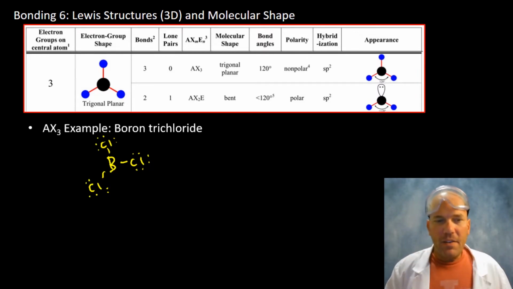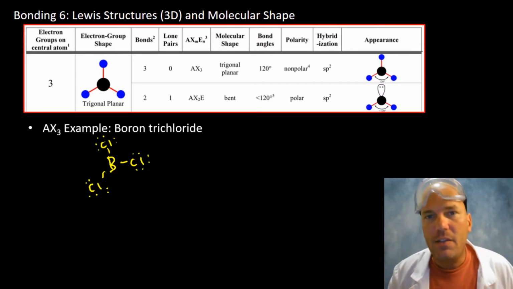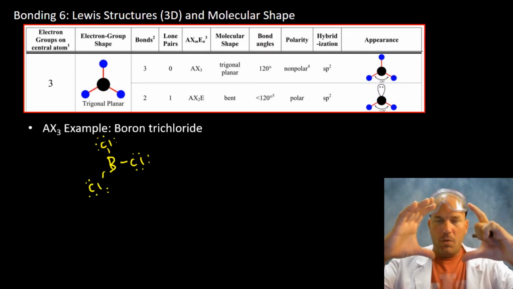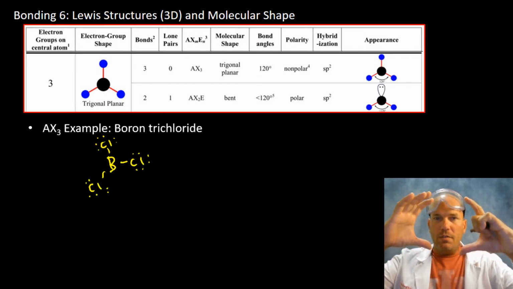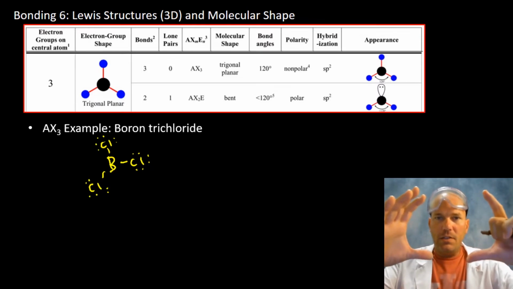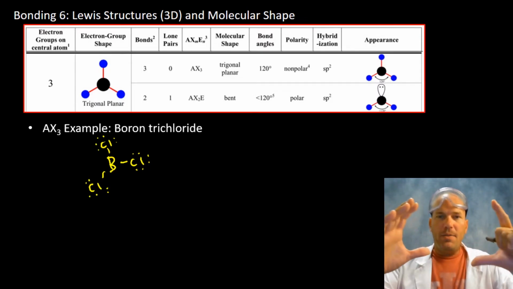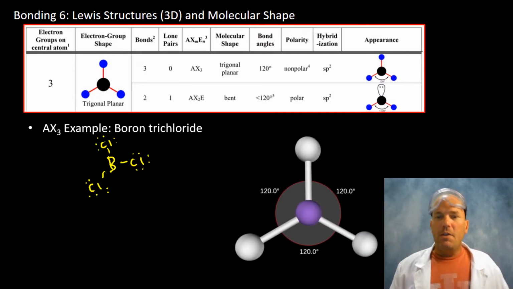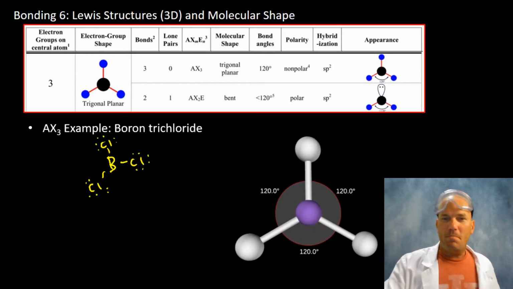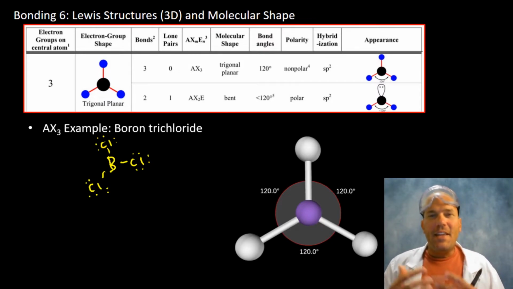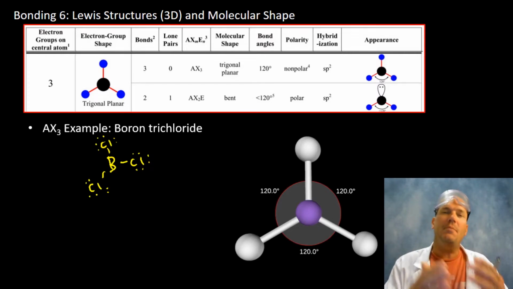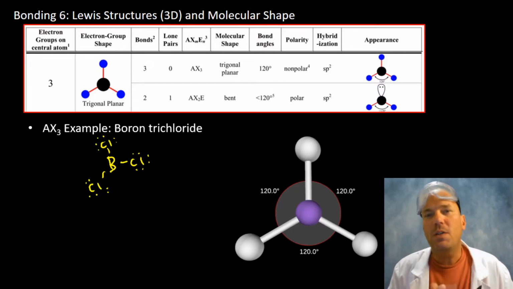Now, a bit of intuition on the bond angles here. Think of a circle, okay? And if you were to divide a circle, 360 degrees, by 3, you would get 120 degrees between the different bonds. And indeed, the ideal bond angle for a trigonal planar molecular shape is 120 degrees.